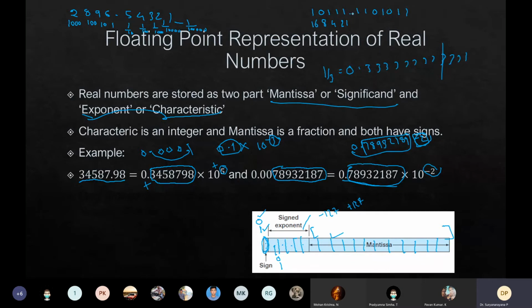What is this place going to be? Anyone? See, you go with the same analogy. What is the place value of 1 here?